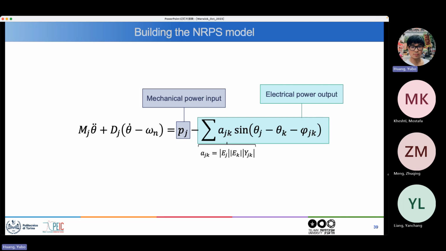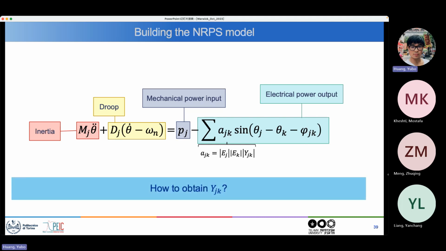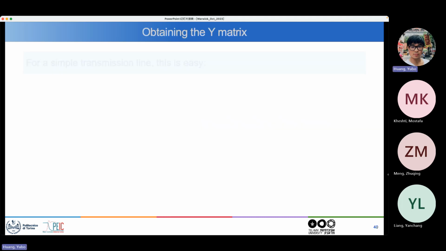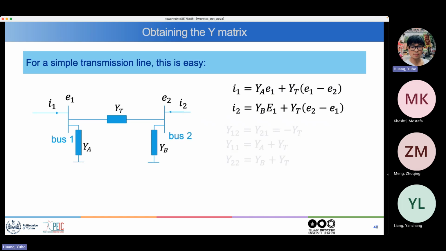So a system of, say, 50 such equations represents the model for a network of 50 generators. And then this is a manageable system in the sense that by working very hard you can get stability results for this type of system, for this type of representation of a grid, which is a very much simplified representation of a grid. Then here are many slides about how to obtain those matrices.